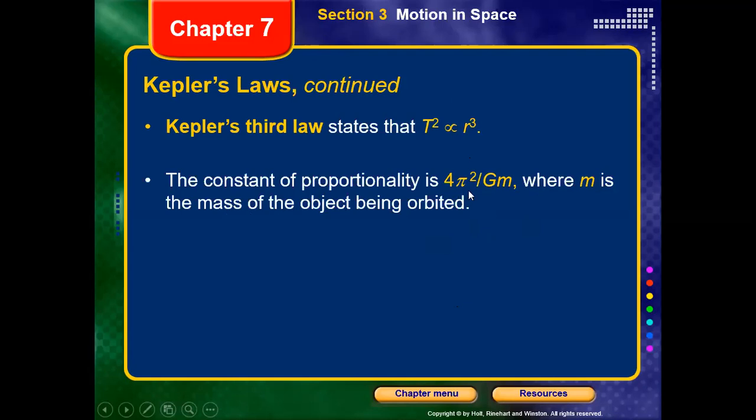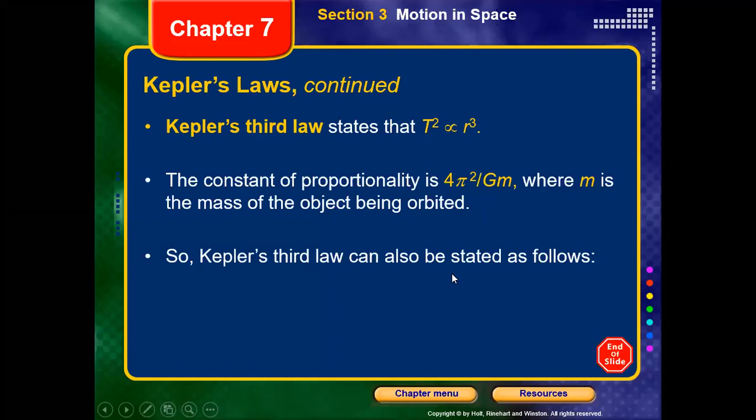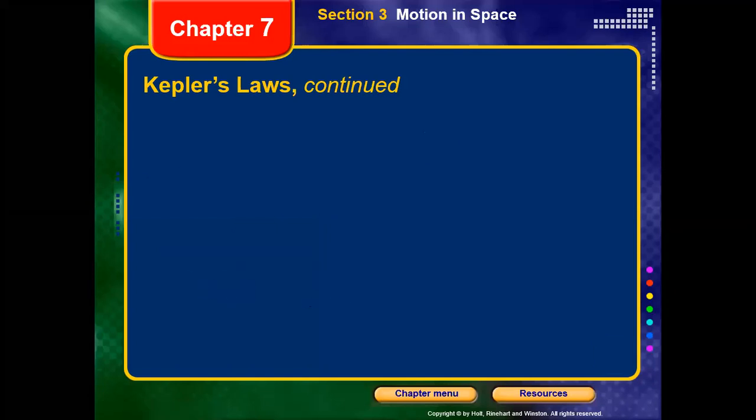If you talk about the Earth rotating around the Sun, M is the mass of the Sun. So here it is 4 pi squared over GM, and G is the constant of Newton's universal gravitational law. So 4 pi squared over GM goes here, so T squared equals 4 pi squared over GM times r cubed, and this will be the equation.